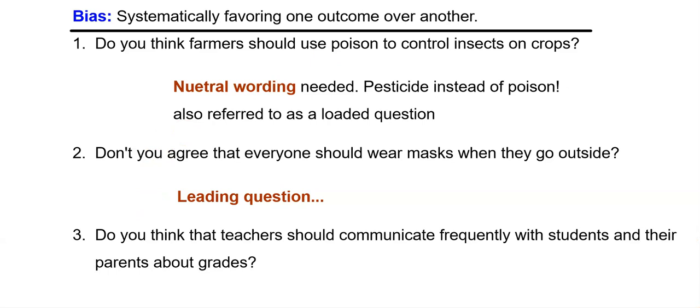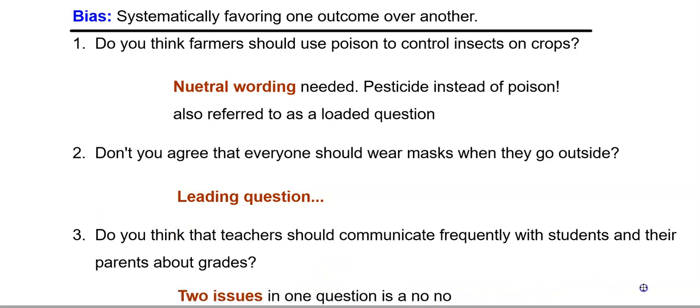Do you think that teachers should communicate frequently with students and their parents about their grades? Boy, that sounds like a great idea, right? But what's not fair about this question? This seems fair, doesn't it? But if you look at it closely, actually, there are two issues in one question, and that's kind of a no-no. Really, we're talking about communication with parents and communication with students. Those are two different things.